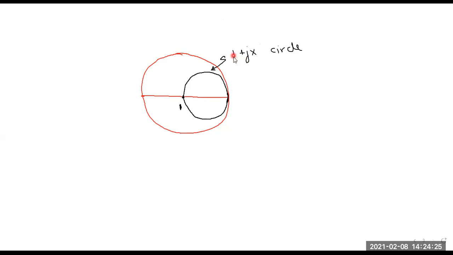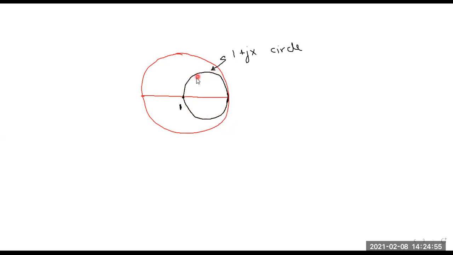So the real part is 1. Why it's 1? Because you already know that any resistive circle that is drawn on the Smith chart is drawn for a particular value of R. Because this circle is drawn for the value of R equal to 1, that is why it's written 1, and then plus jx. Why this value is represented in terms of variable? Because if you move on this circle, x value is changing.